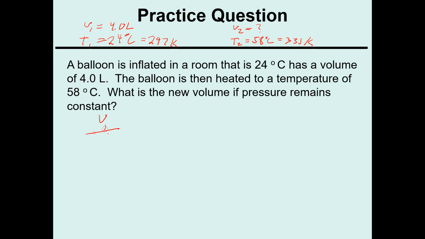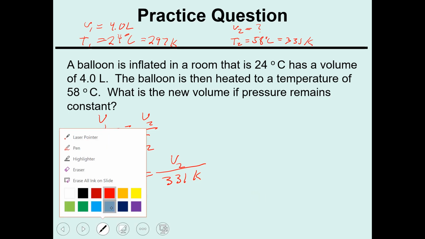So we have V1 over T1 is equal to V2 over T2. So if we plug that in, V1 is 4 liters, T1 is 297 Kelvin, V2 we're trying to find, and T2 is 331 Kelvin.